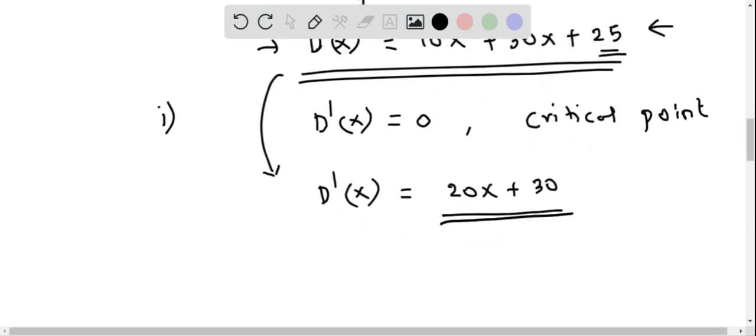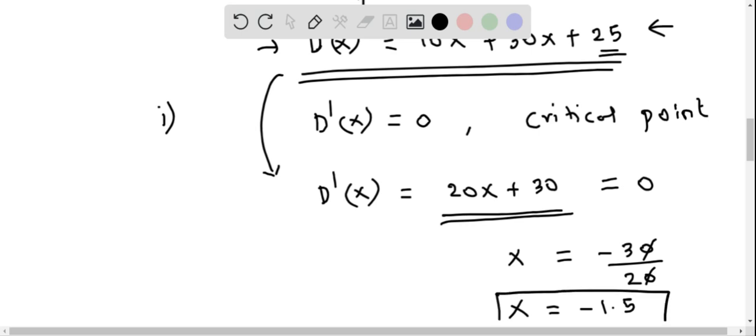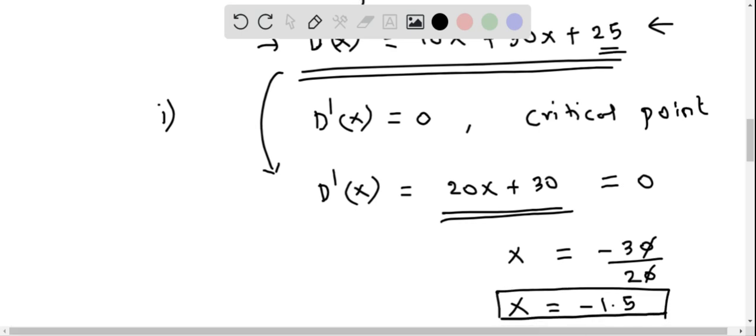Now we have to set this equal to 0, and determine the value of x. So x is equal to negative 30 divided by 20. We subtract 30 on both sides and divide by 20. When I simplify this, I get the value x equals negative 1.5. So this is the critical point where the function could be maximum or minimum.